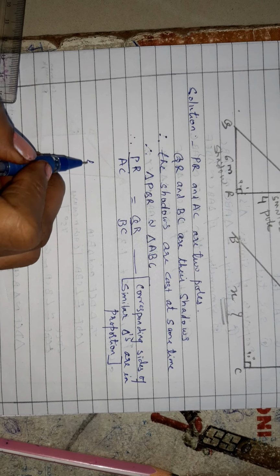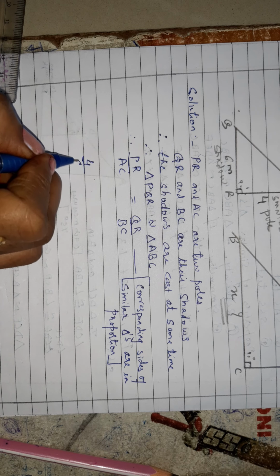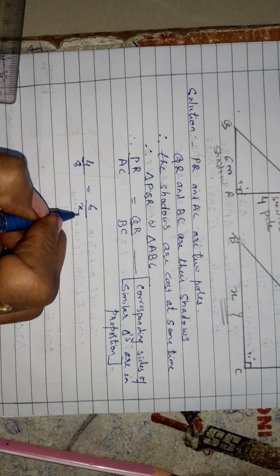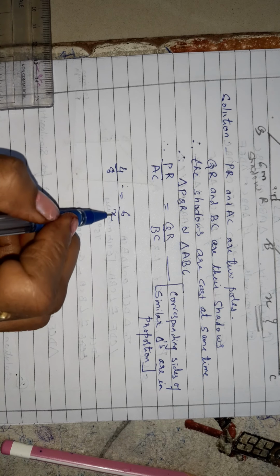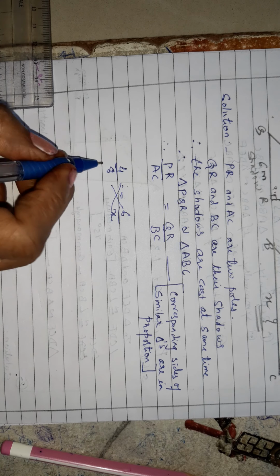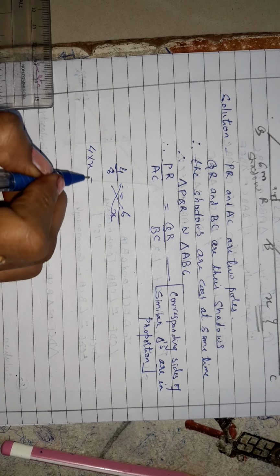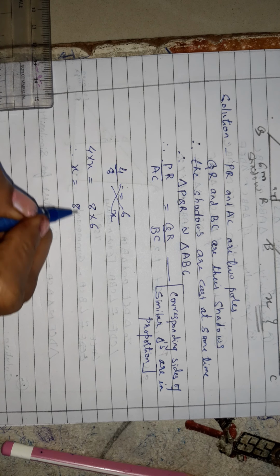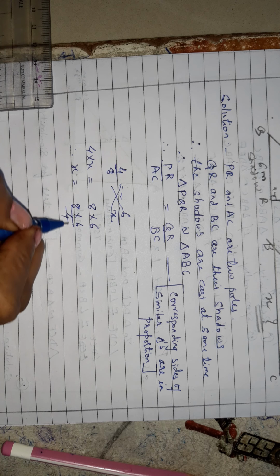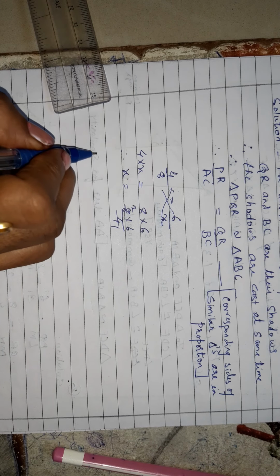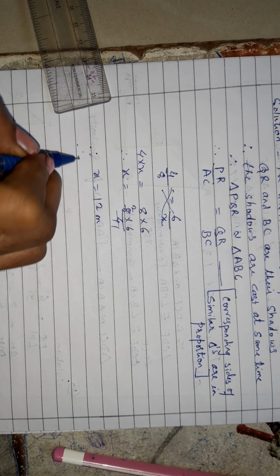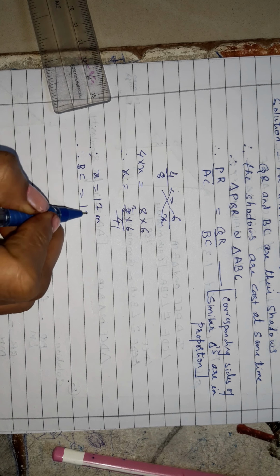So PR is 4, AC is 8, QR is 6, BC is X. We have to find out X. Let us do cross multiplication. 4 into X is equal to 8 into 6. Therefore, X is equal to 8 into 6 upon 4. Four ones are 4, four twos are 8. So X is 12 meters. X means BC is 12 meters.